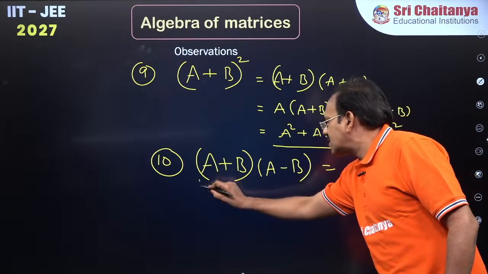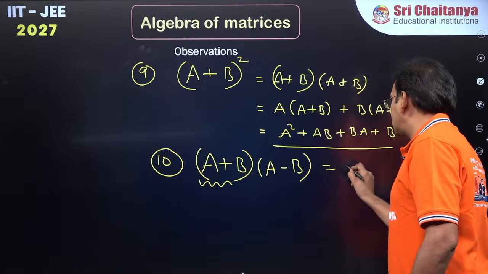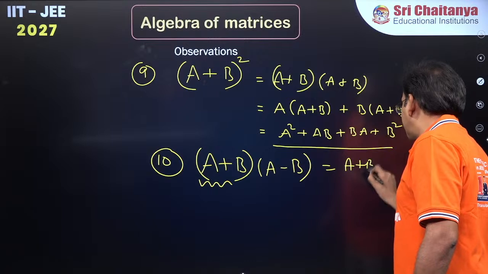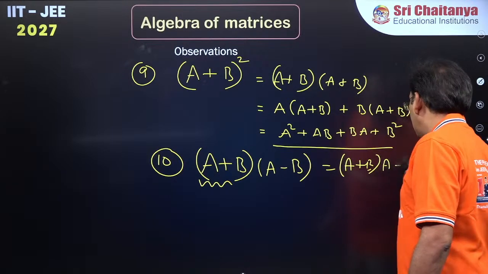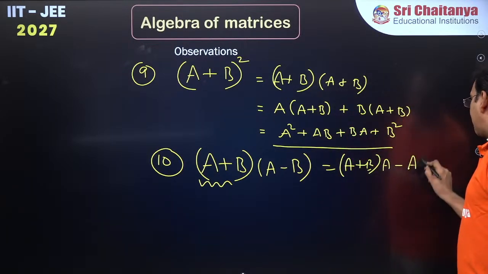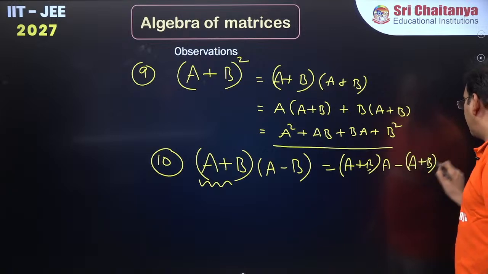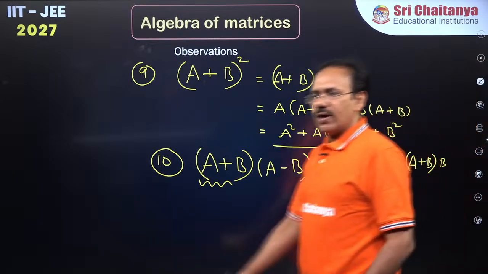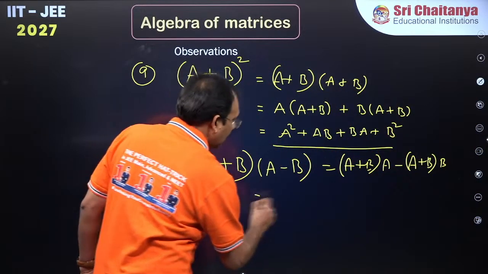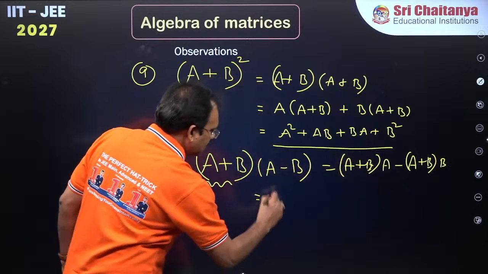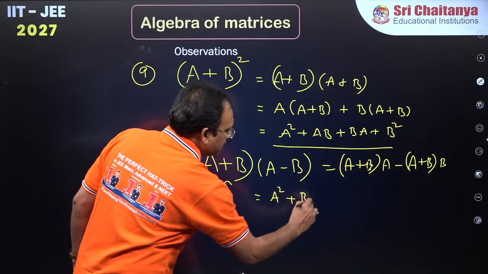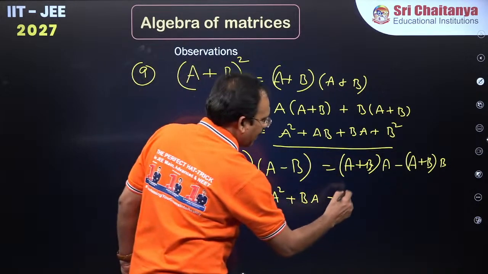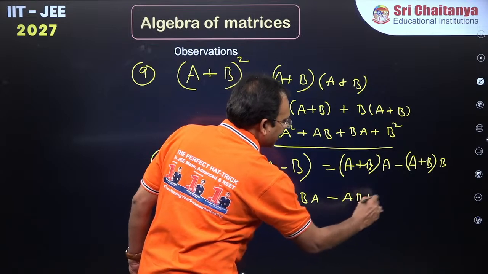You treat this as some single matrix. See, distributive law: (A plus B) into A minus (A plus B) into B. Now (A plus B) into A means A square plus BA, minus AB plus B square.